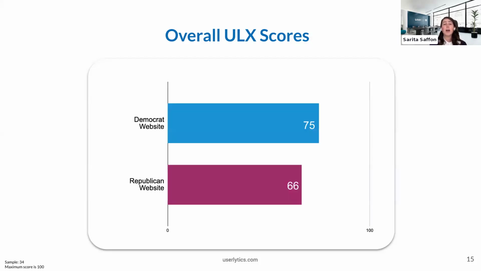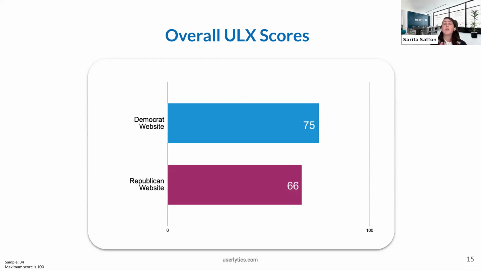So in this case, we saw that the Democrat website obtained a score of 75, which may not be a very high score, and it shows that it has room for improvement, but we do see that it is higher than the Republican website rating, which got a 66 overall score. So we already can say that the Democrat website provided a better experience.